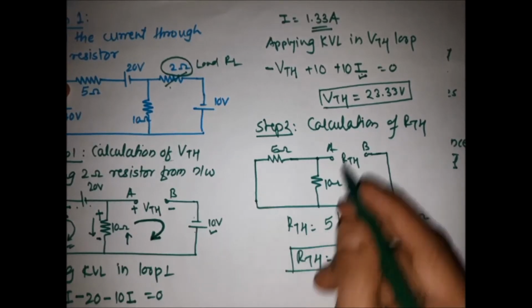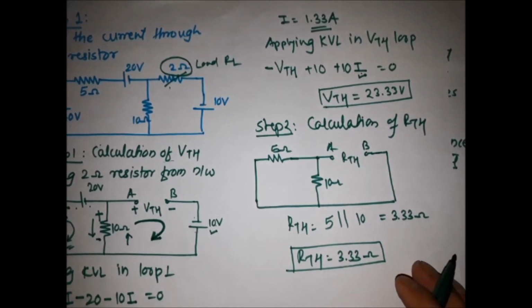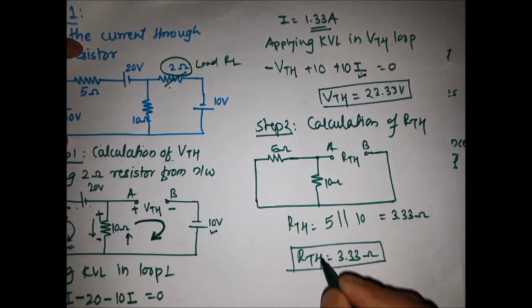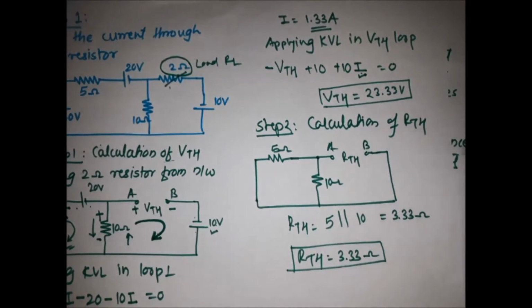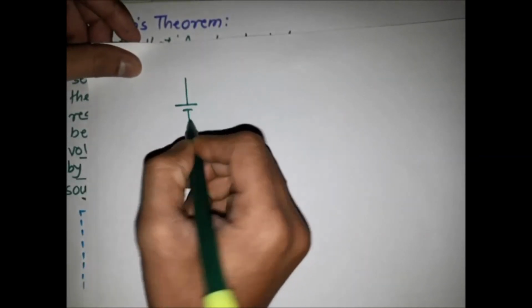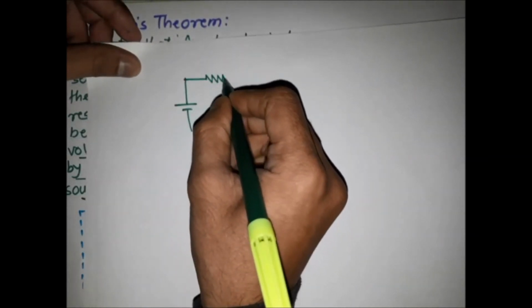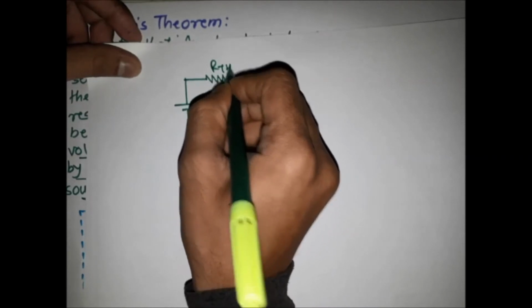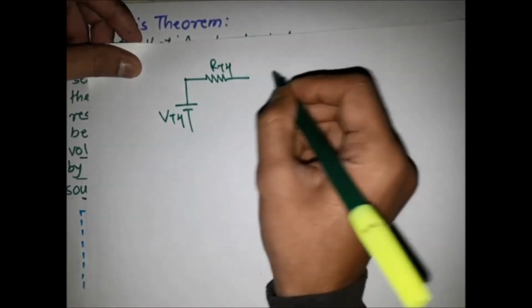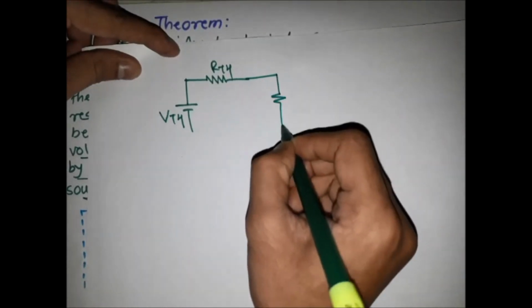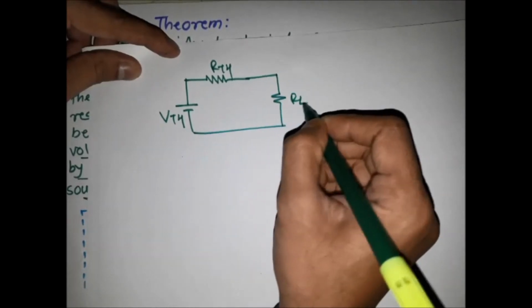Now we get the VTH and the RTH both. We are replacing this with the Thevenin's network. Simply we know the Thevenin's network is like this. Thevenin voltage is in series with Thevenin resistance, it is RTH, VTH, and then it is in series with the load resistance.